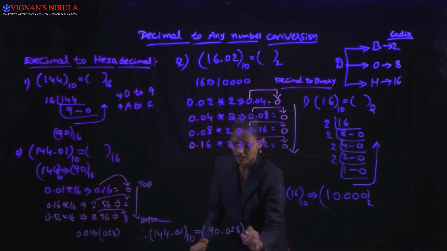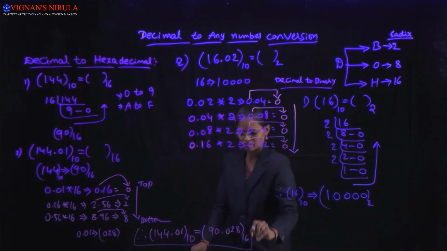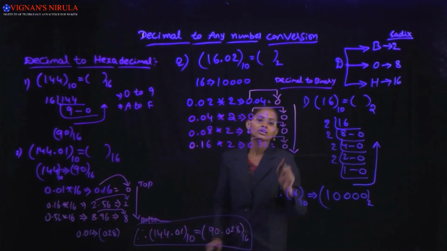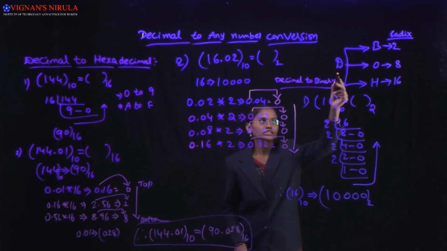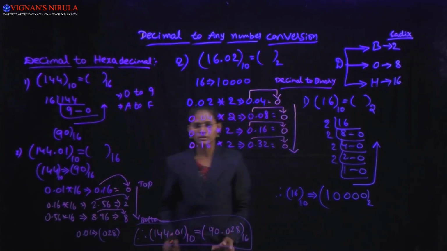This is the hexadecimal. Okay, this is the overall about decimal to any number, either decimal to binary, decimal to octal, or decimal to hexadecimal.